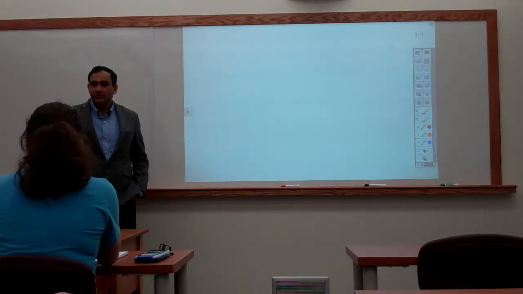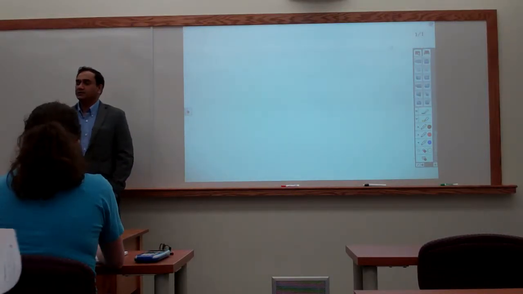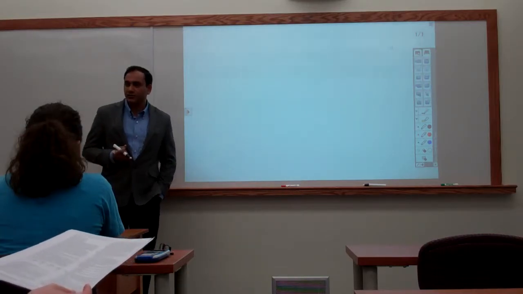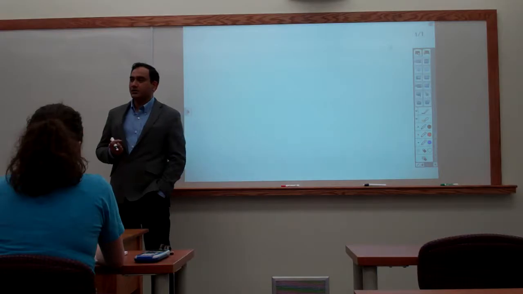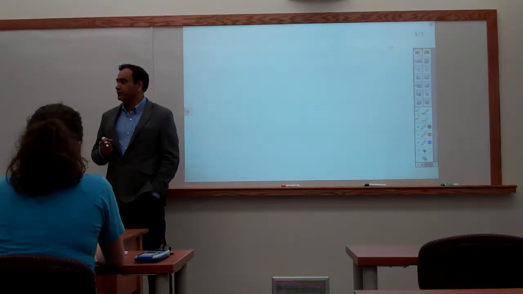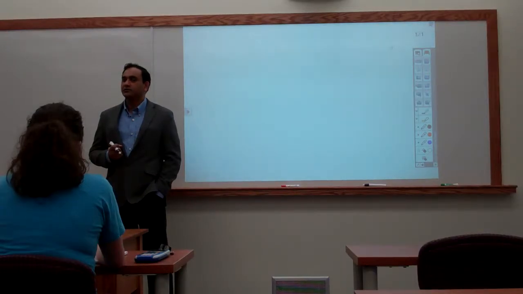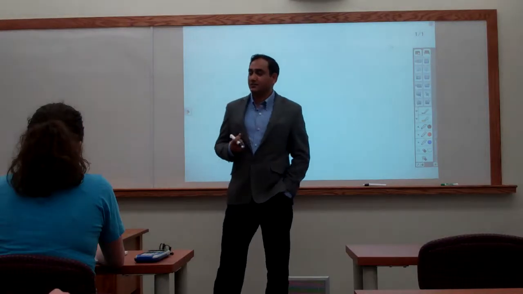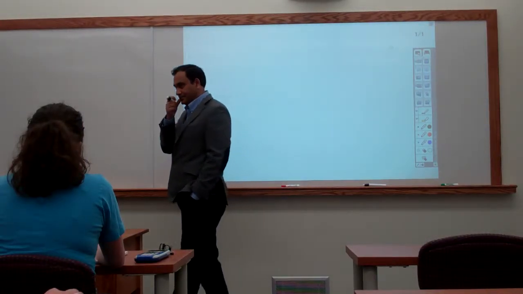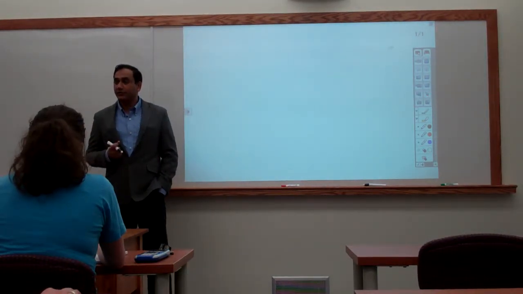So we finished the empirical section of macroeconomics, right? We discussed gross domestic product, we looked at unemployment rate, and we also looked at the inflation rate. In the empirical section, we looked at the definition of all these concepts.